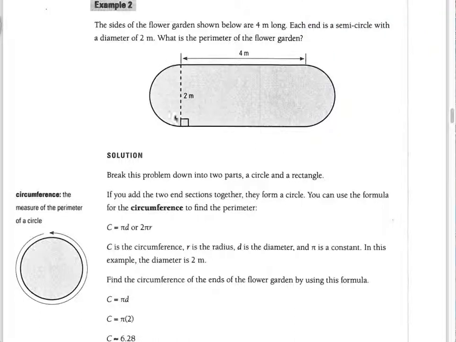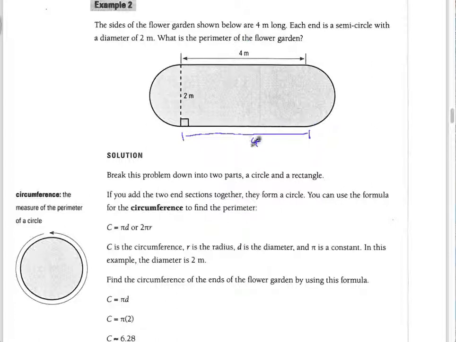So we have these semicircles on either side of this field here, and it's asking what the perimeter of the flower garden is. So we have a length of 4 meters from here to here, and we also know that must be the same down at the bottom here, from here to the start of the semicircle here. That's also 4.